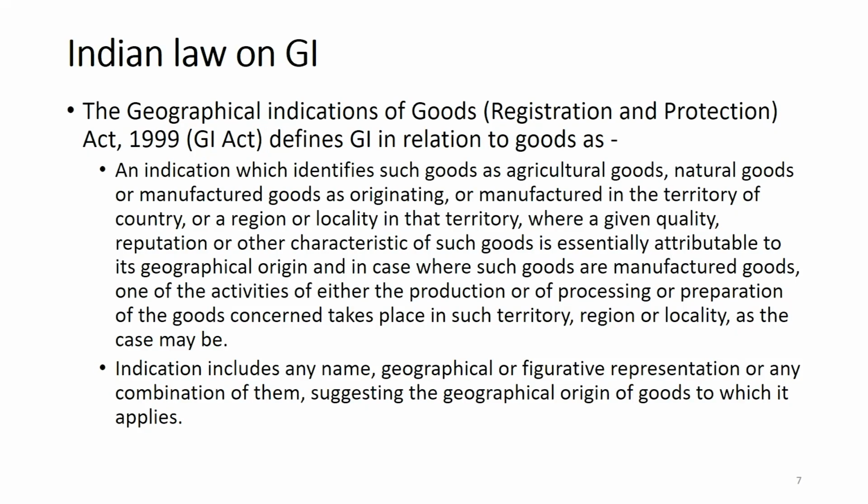The definition given is: GI is an indication which identifies such goods as agricultural goods, natural goods, manufactured goods.